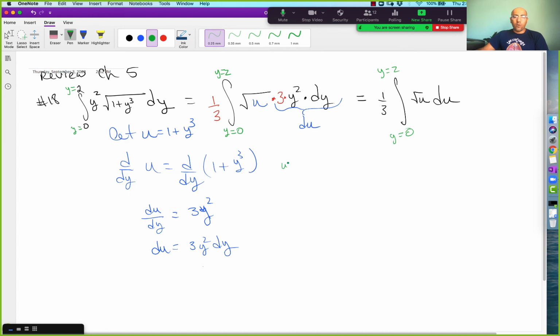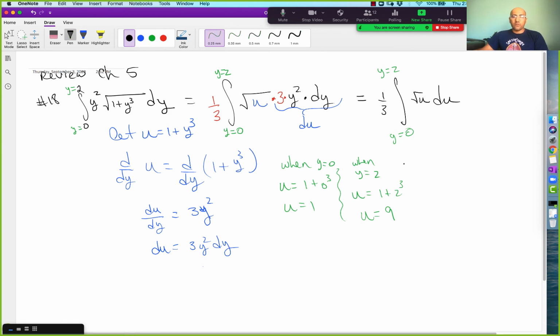When y equals 0, u is going to be equal to 1 plus 0 cubed, so u equals 1. And when y equals 2, then u is going to be equal to 1 plus 2 cubed. 2 cubed is 8, so u equals 9. Good. So armed with this knowledge, now I'm ready to change the limits of my integration.